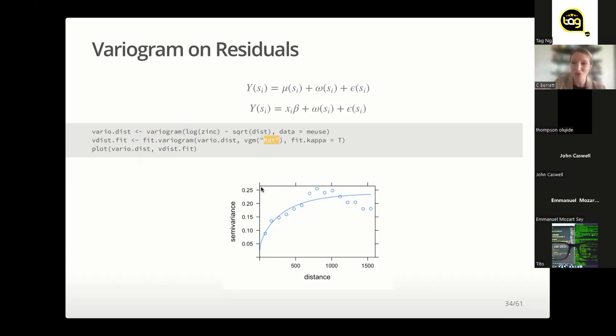Regression, we account for variance using covariates. And so we reduced the variance, but we still see some residual spatial dependence. So we're computing, instead of the semivariance on y, now we're computing the semivariance on y minus x beta. So essentially the semivariance of omega plus epsilon.